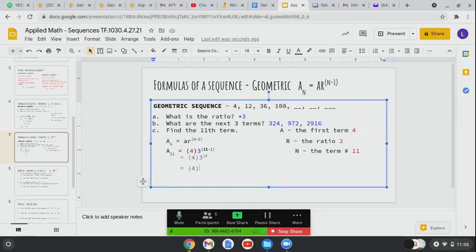So remember, your calculators, your cell phones can become scientific calculators by turning them sideways. 3 to the 10th is 59,049.